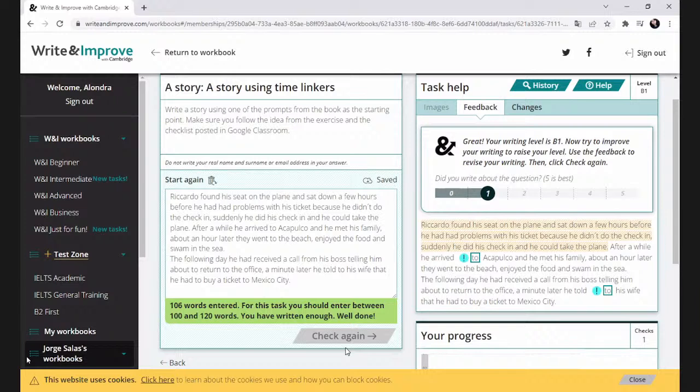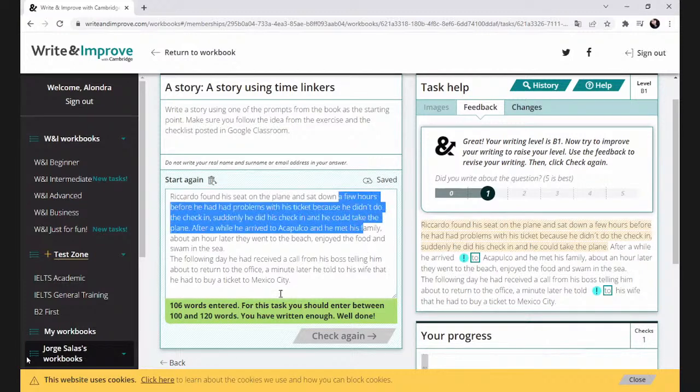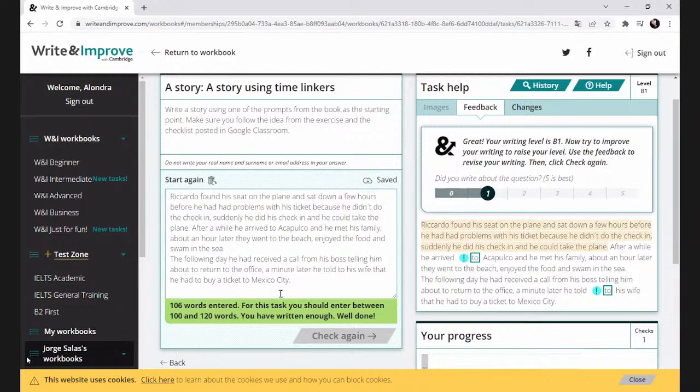Está mal. Maybe for this part, I don't know. Dice que I think it's well, need a point and capital letter here. I don't know. El error está en tú. He arrived to Acapulco y he told to his wife. It's correct, I think.